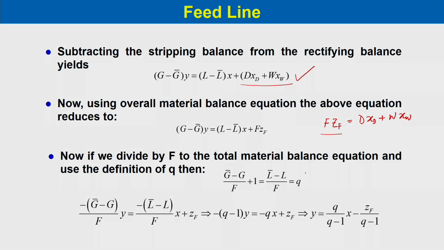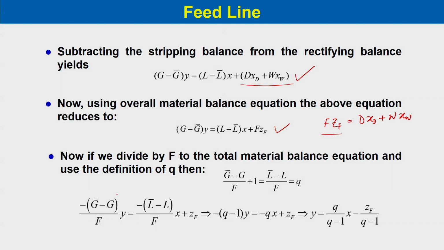Now, if we substitute this definition of q in the material balance equation over here, we can write minus (G bar minus G) divided by F into y is equal to minus (L bar minus L) by F into x plus zF.